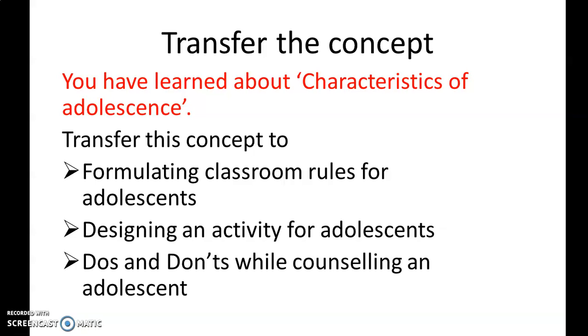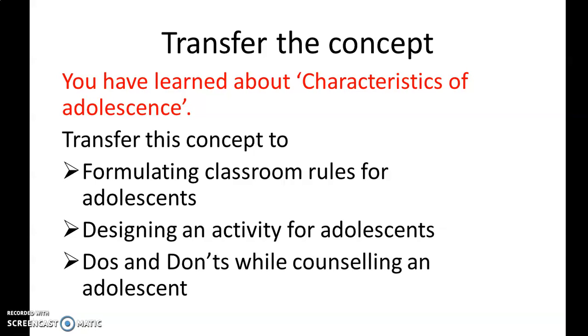Transferring the concept. We all know that when we learn, applying that knowledge or applying our understanding is a very important objective of our learning. Take this example. The students have learned about adolescence.